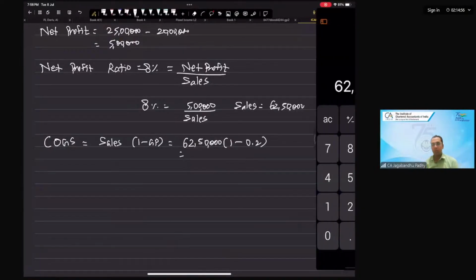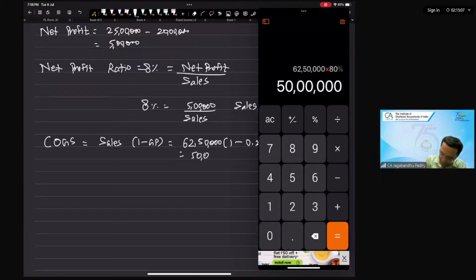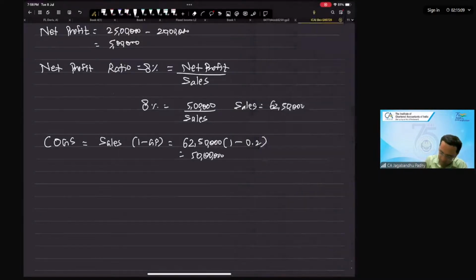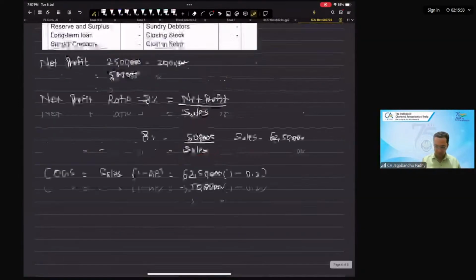So 62 lakh 50,000 into 80%, which is 50 lakhs. Cost of goods sold is 50 lakhs.